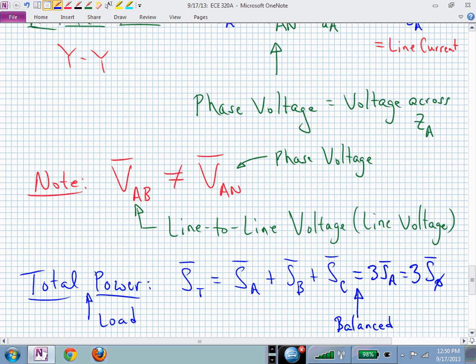That's supposed to be a phi. That would be the total load power for that interconnected system. So if you can find one phase's complex power, which you know how to do, V I star, if it's balanced, then just scale it by 3 and you've got the total load power.